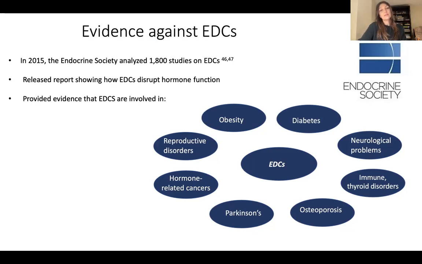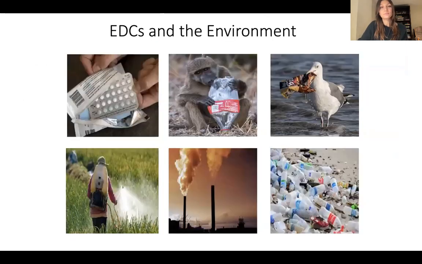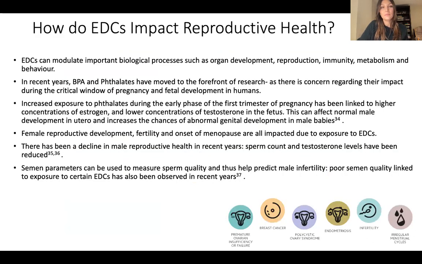So they provided evidence that these endocrine disruptors are involved in a myriad of health issues, including hormone-related cancers, osteoporosis, diabetes and obesity, immune and thyroid disorders, reproductive disorders, and neurological problems, just to name a few. So we know that endocrine disruptors are quite prevalent in the environment. They're often persistent, so they don't break down. They end up in our lakes and streams and back into our water and into our food, and they're really omnipresent. So it's important to be aware of these endocrine disruptors and how they can impact our health.